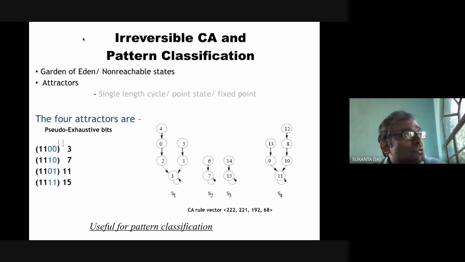Okay, so I believe apart from these two applications, there are other applications, other areas where people have not yet tried to use cellular automata. You can explore this beautiful structure to solve those problems.